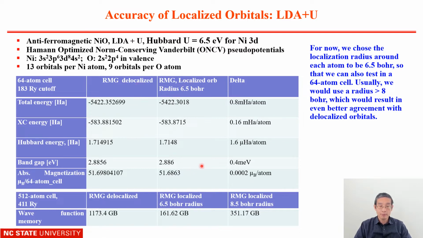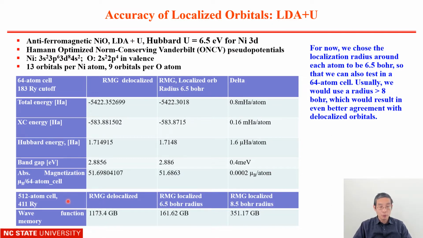And this one is from localized orbitals with the radius 6.5. It's a very small one. You can see that the total energy difference and other differences are very small. For example, the band gap is the same up to the fourth digit, nearly identical, and the magnetization is very, very similar.